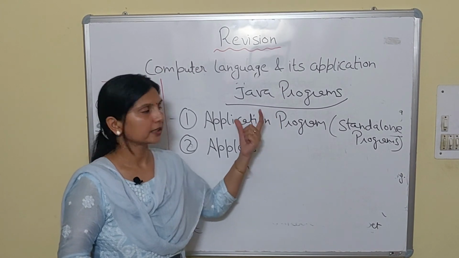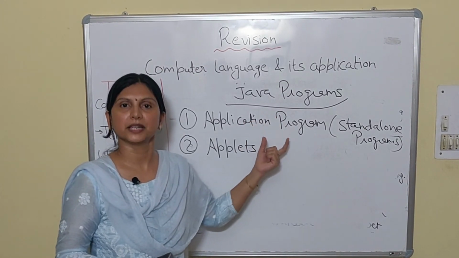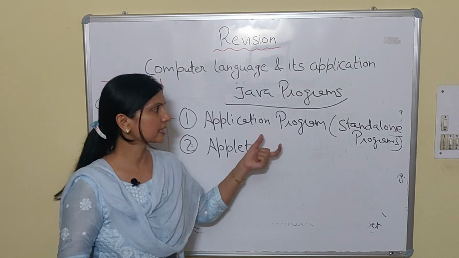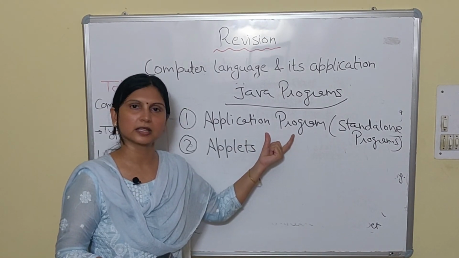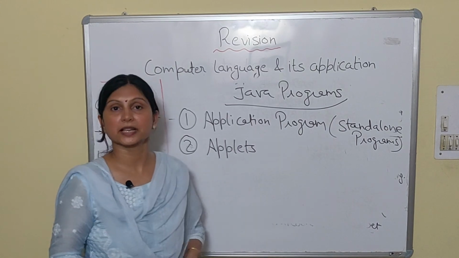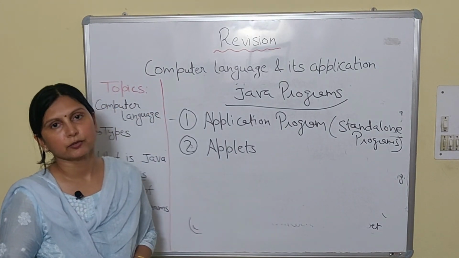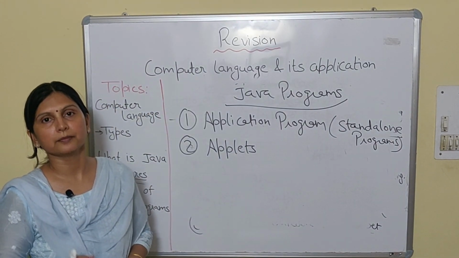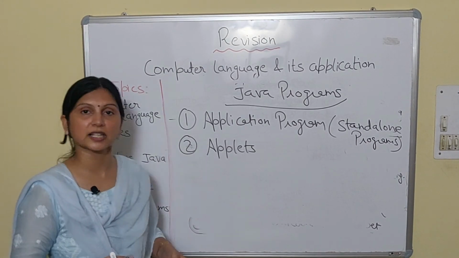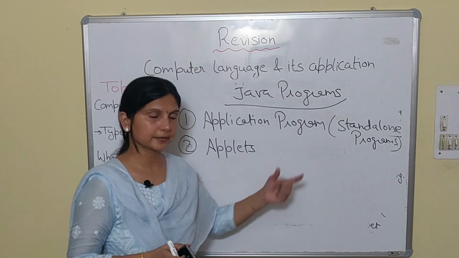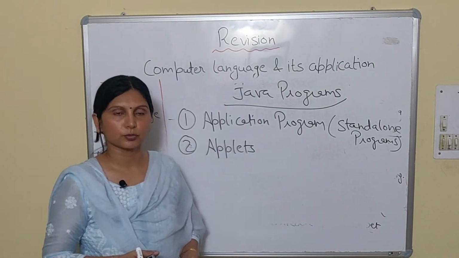Main method. And whatever programs we will make in this class, all the programs will be application programs, and all application programs have main method, and when we run the application program, execution begins with main method. Fine. So this is application program.